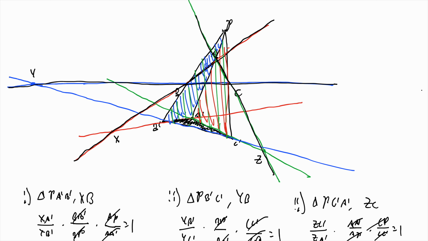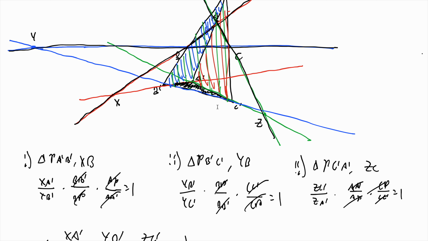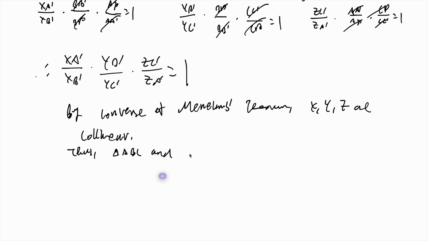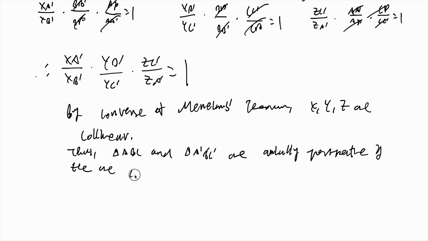Okay, so if triangle ABC and A prime B prime C prime are in perspective from the point P, then we prove that X, Y, Z are collinear, which means A prime B prime C prime are axially perspective if they are centrally perspective.